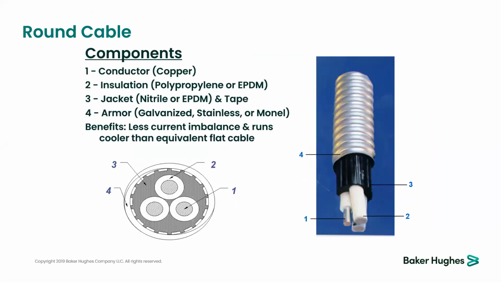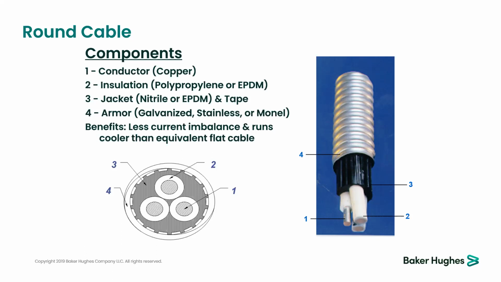The outer one is the armor. So the armor is number 4. That armor comes in different materials: galvanized, stainless steel, and monel. Galvanized is the most common one, and it's used in applications where you don't have a corrosion issue, high salinity, or H2S, so you can go with galvanized.